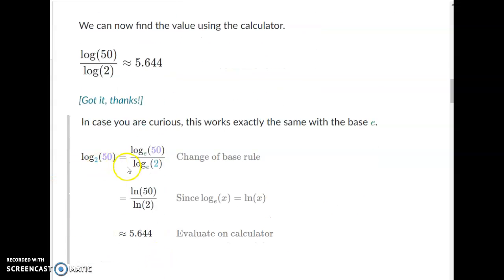So instead of doing the log base 10 of 50 divided by the log base 10 of 2, you could do the natural log of 50 divided by the natural log of 2. And the log base 2 of 50, using the natural logarithms with the change of base rule, will give you the exact same answer, 5 and 644 thousandths.